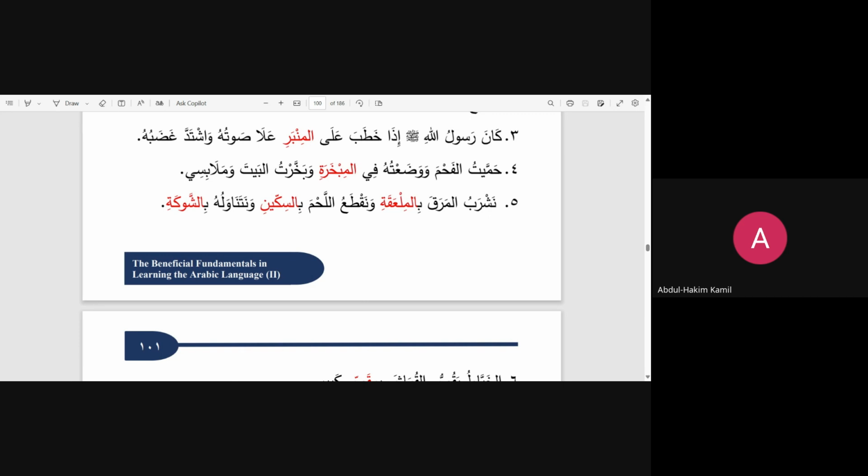كان رسول الله صلى الله عليه وسلم إذا خطب على المنبر على صوته. And in the narration it says, wahmarra. What does that mean? His eyes are red.